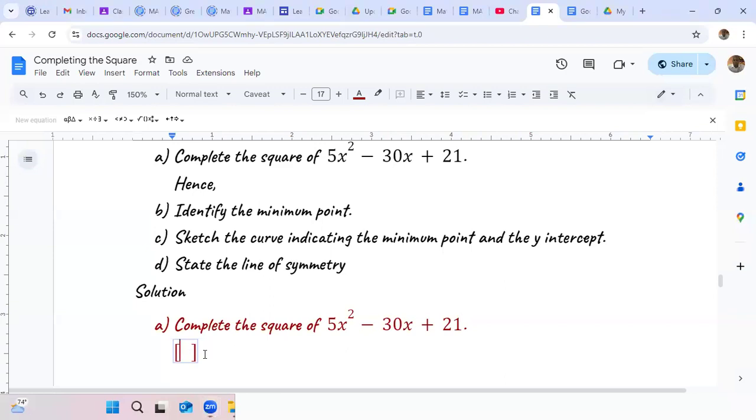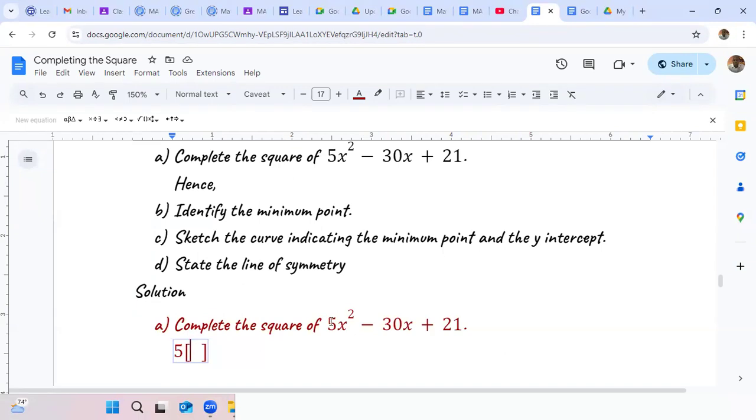So to do this, we create square brackets and we're going to factor out 5. We're going to factor out 5 by dividing 5 out throughout. Okay, so 5 has to be factored out, and in that square bracket will be a simplified or lower level quadratic with 5 divided out.